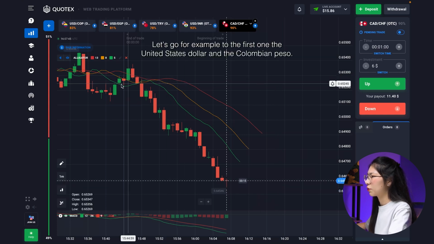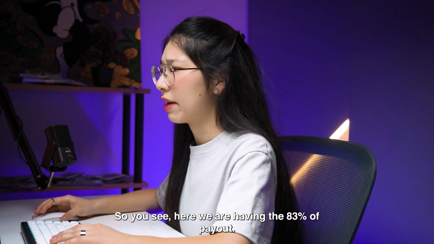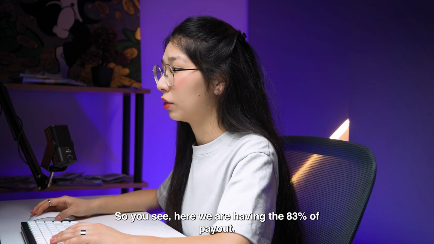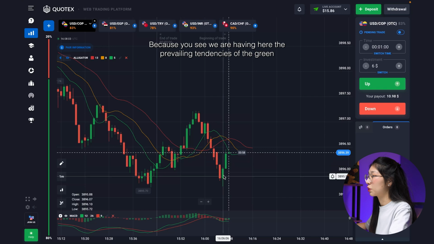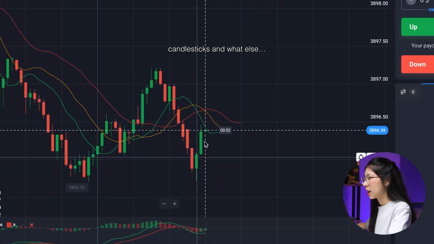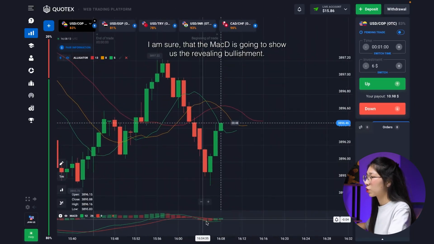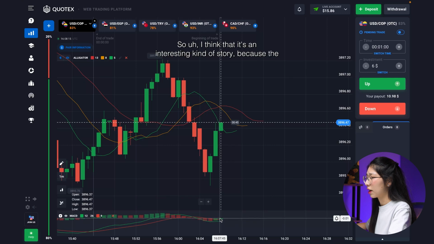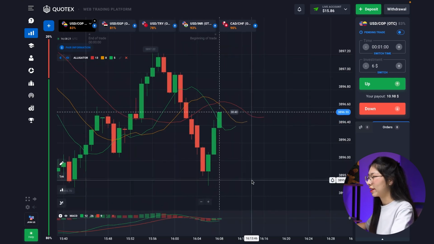Let's go for example to the first one, the United States dollar and the Colombian peso. So you see here we have 83% payout, and I will try my best to find the next deal, because you see we have the prevailing tendencies of green candlesticks. And what else? Okay, I'm sure that the MACD is going to show us a revealing bullish trend, and I think it's an interesting story because the situation is pretty wavy.